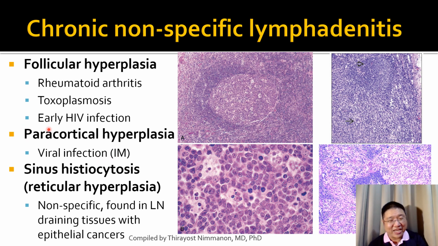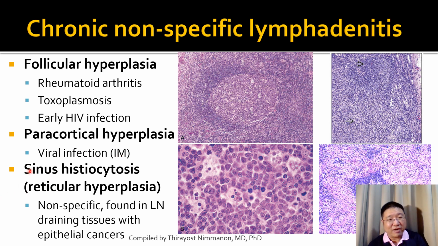And again, I would like to review that the paracortical area is the zone for T cells, and T cells are involved in fighting against viral infection, particularly infectious mononucleosis.